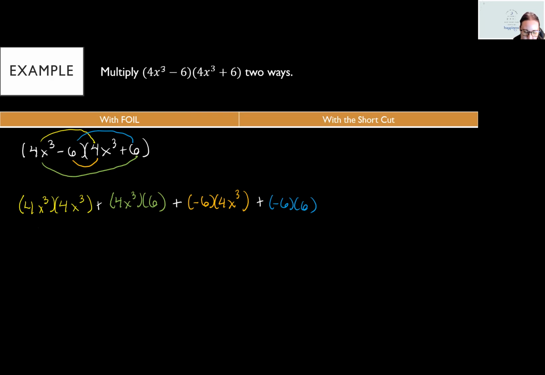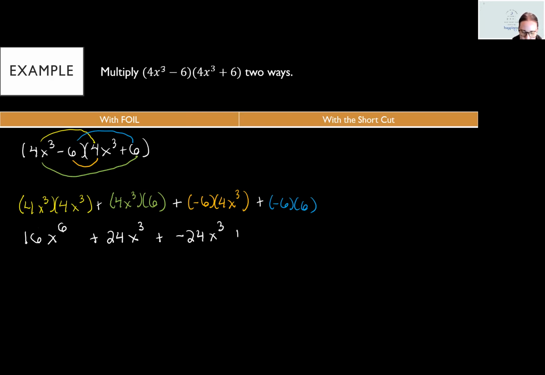So we've got 4 times 4, which is 16. And then when you multiply your x's, you add the exponent. So that's going to be x to the 6th. Then 4 times 6 is 24. So I have 24x cubed. Then negative 6 times 4 is a negative 24x cubed.